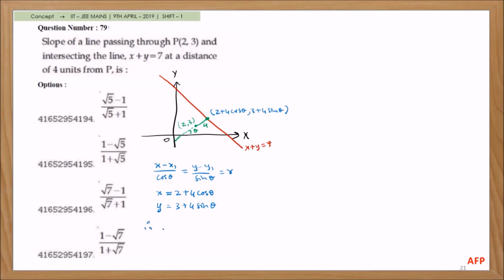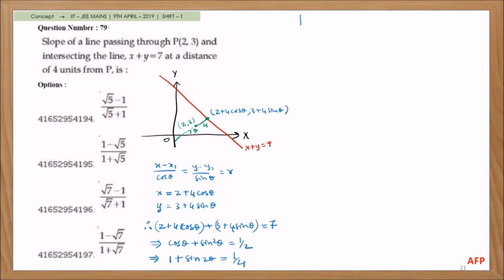Therefore 2 plus 4 cos theta plus 3 plus 4 sin theta is equal to 7. So this implies cos theta plus sin theta is equal to 1 by 2 after simplification. Squaring on both sides, 1 plus sin 2 theta is equal to 1 by 4 you got.